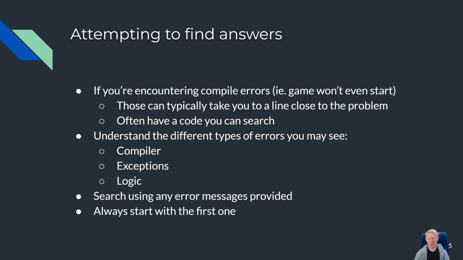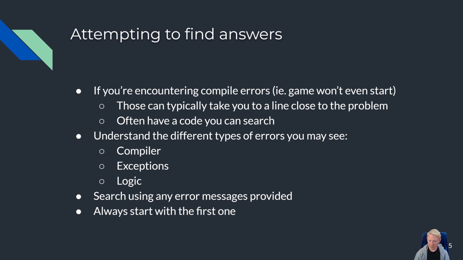And always, please, always start with the first one. One of the worst things that you can do is trying to fix the last error or exception or warning first. The reason being is that it is very easy for early ones to cause things to be in an unintended state. That applies to compiler errors. Various ones that you can create there could cause other sections of code to break.